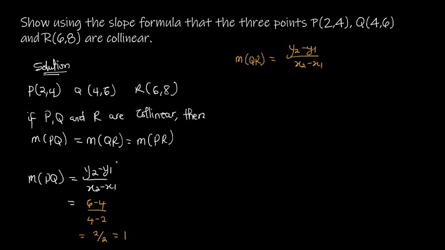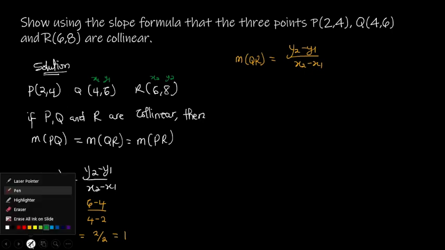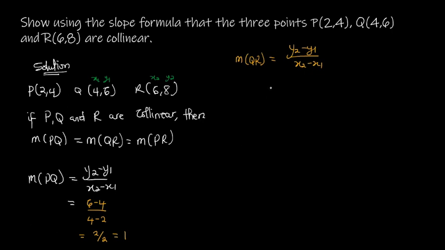Now in this case, because I am looking at Q and R, my Q becomes my first point, so this becomes my x1, y1, and this becomes x2, y2. So my y2 over here is 8 minus my y1, which is 6, on x2, which is 6, minus x1, which is 4.